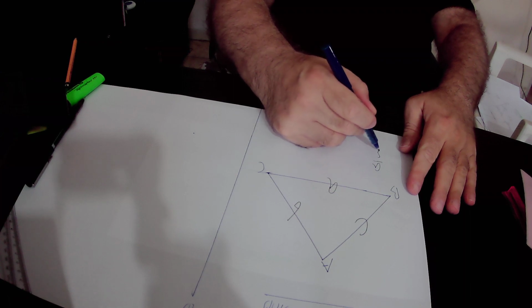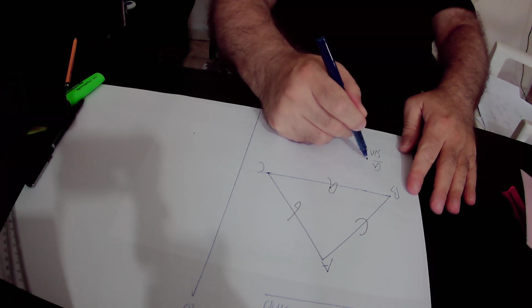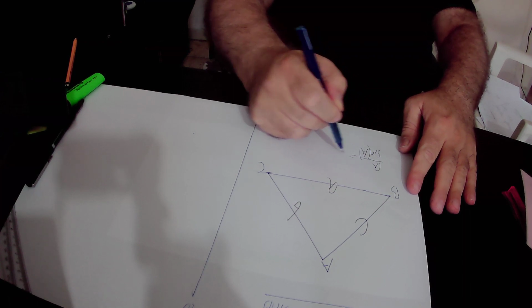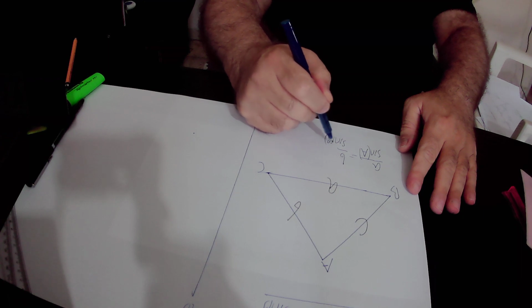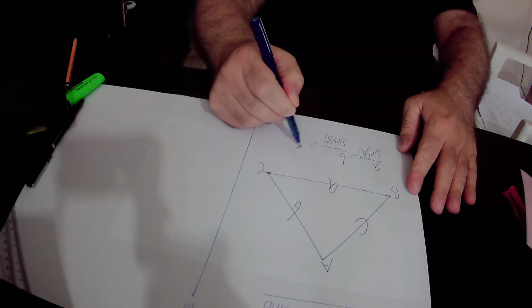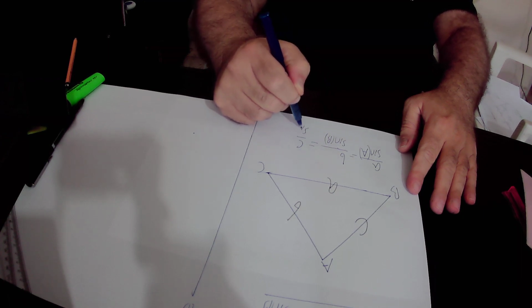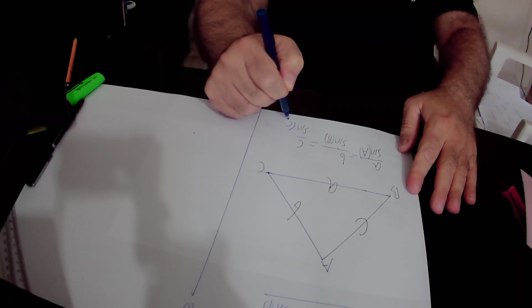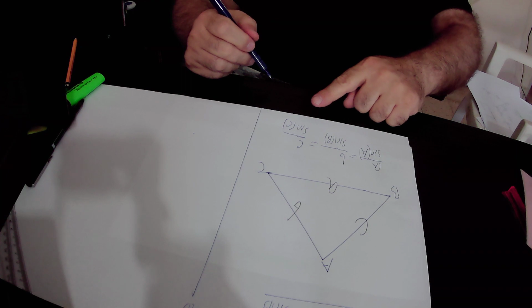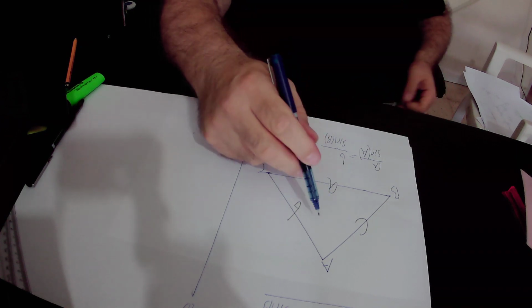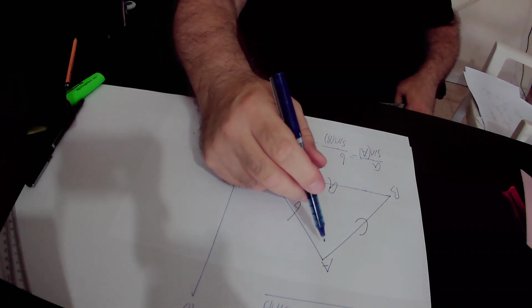a over sine A equals b over sine B, and it is equal to c over sine C. Here capital A, capital B, and capital C are the sizes of those three angles.